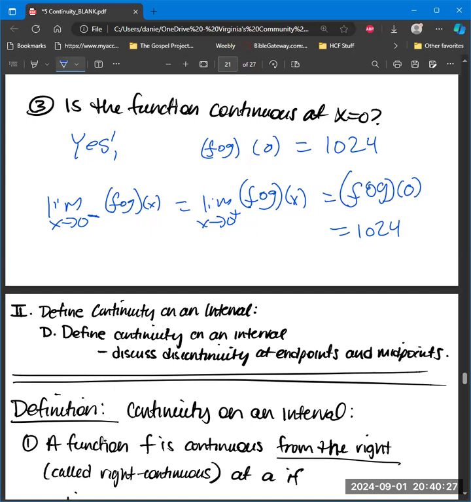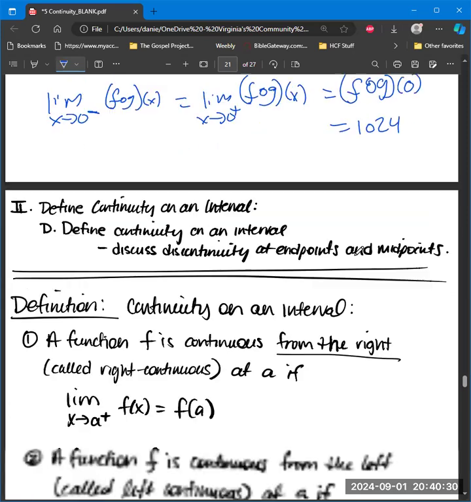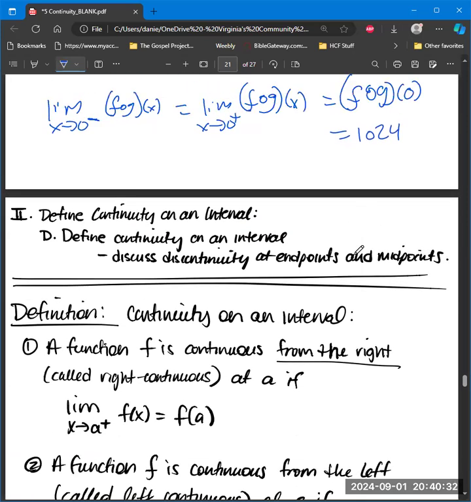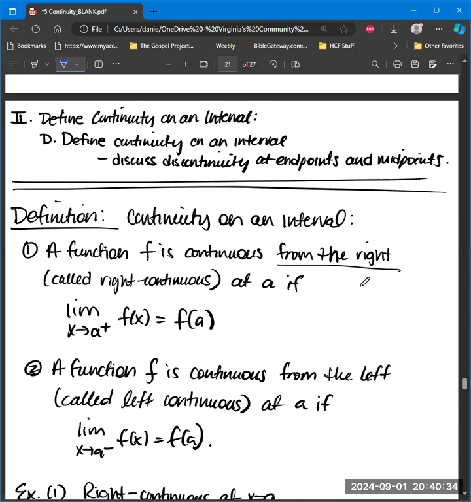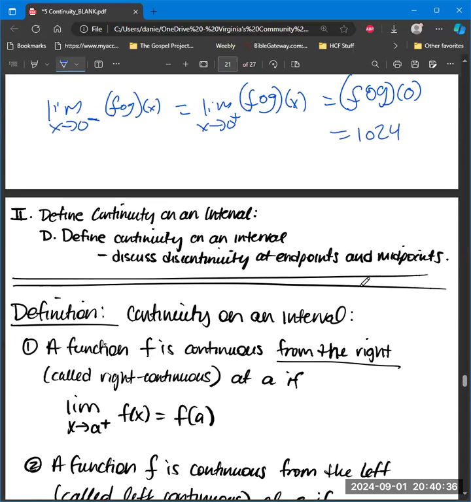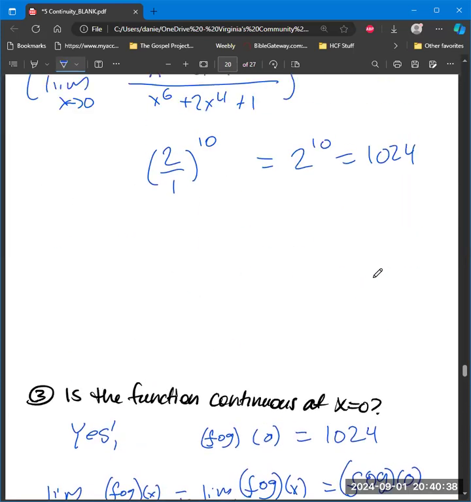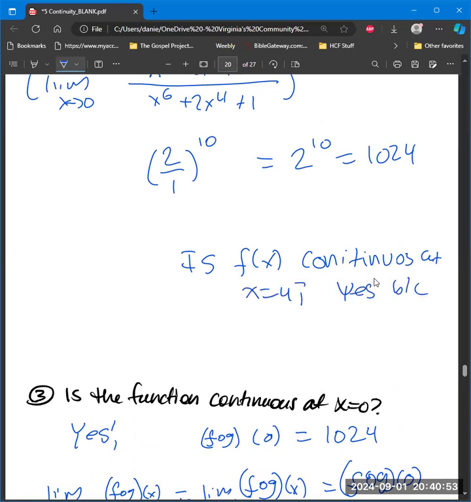So is f of x continuous at x equals 4? Let me write that up here. Is f of x continuous at x equals 4? Yes, because, sorry, if f of x is the square root of x, I'm saying.